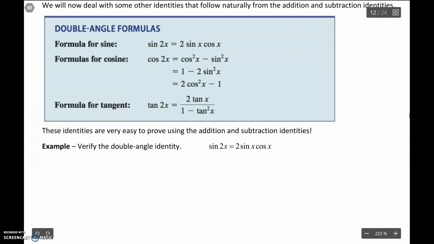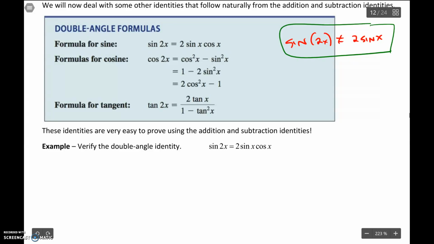Again, I should point out what's obviously not true. This does not equal 2 sine x. I don't know why I even write that down, but every once in a while there's a kid who says, oh, I could just factor that 2 out in front. No, this is a double angle.